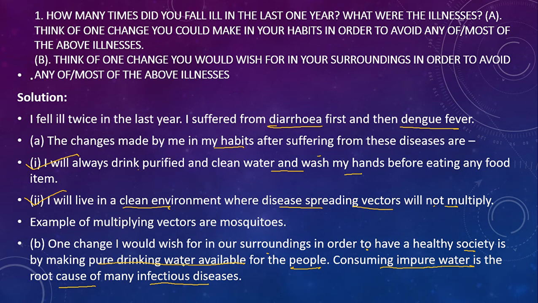You can mention: I switched to pure drinking water, I washed my hands twice, and I also cleaned the surroundings near my house. We can't clean the whole society, but at least we can clean what is in the house, in our terrace, in order to avoid such diseases in the future.